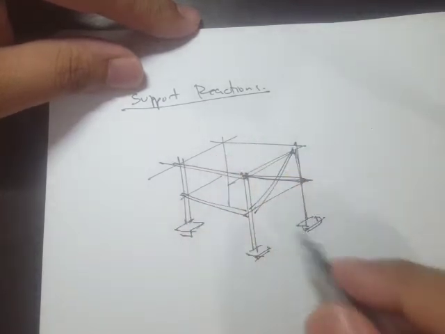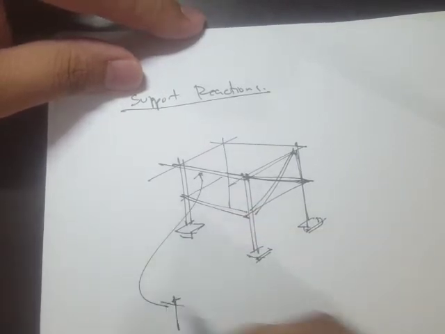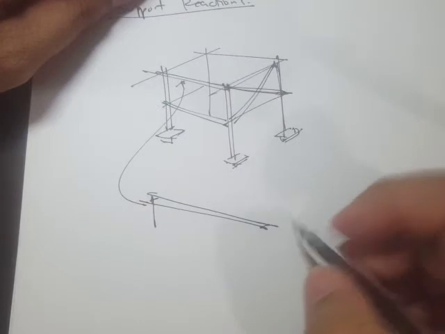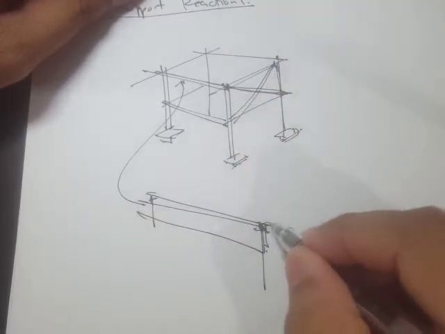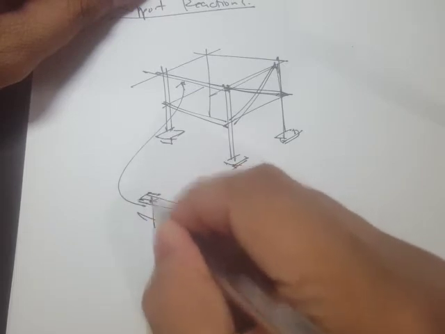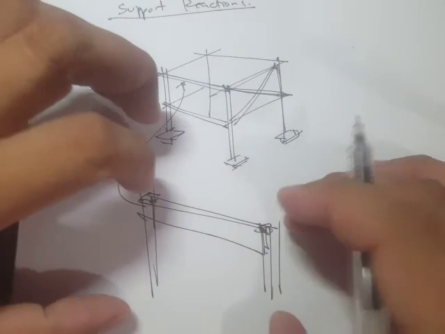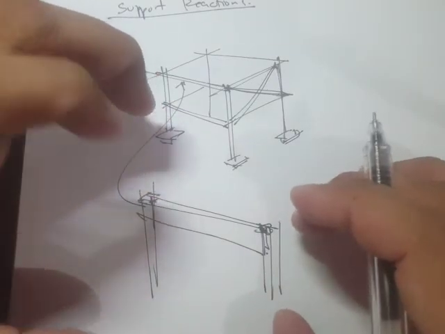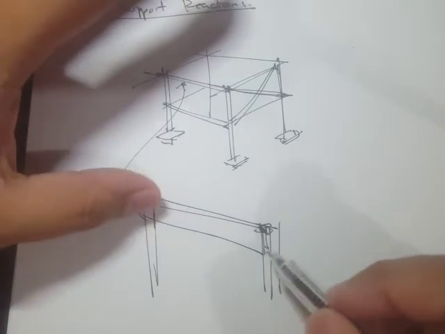Now if we look at this beam, for example, it is being supported by the column. Because of the presence of the column, this column acts as a support to this beam.